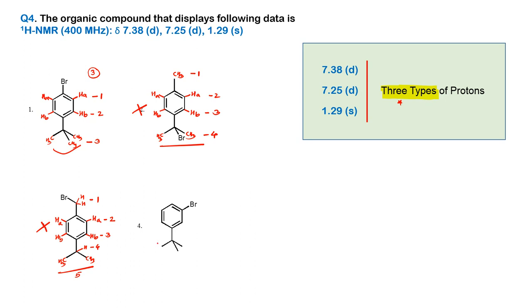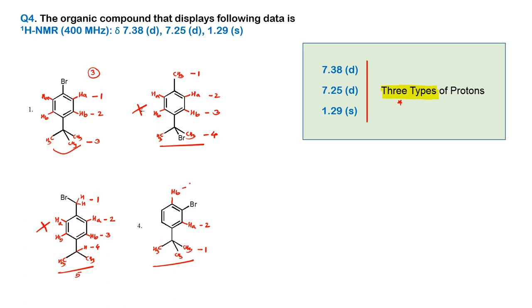In the fourth compound, we are observing these three CH3s. Again, they are equivalent. So this 3CH3 will give one set of protons. And the aromatic skeleton, if you are observing, is not symmetric. So every proton on the aromatic skeleton will be different. So this will be the second kind of proton.